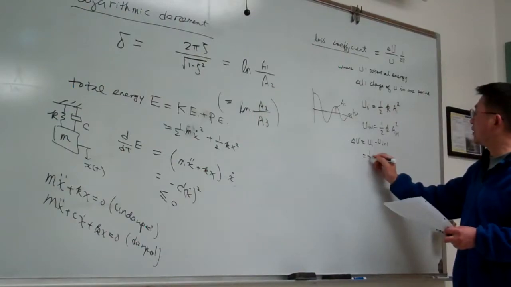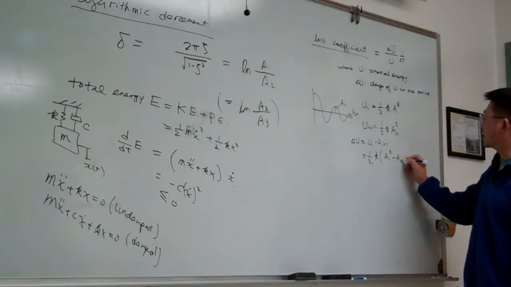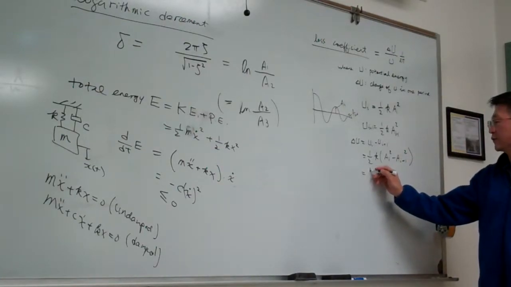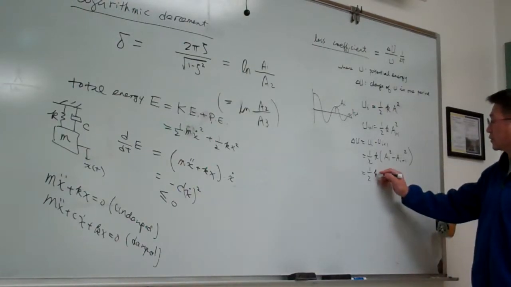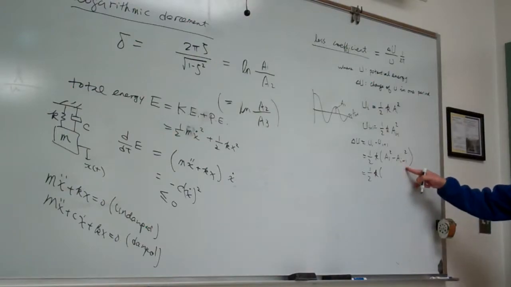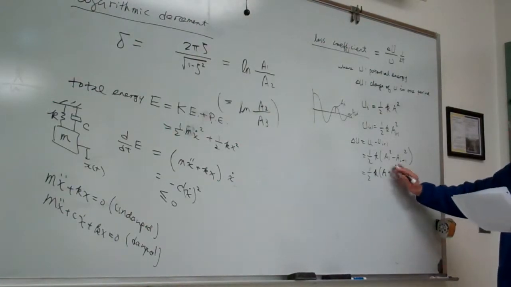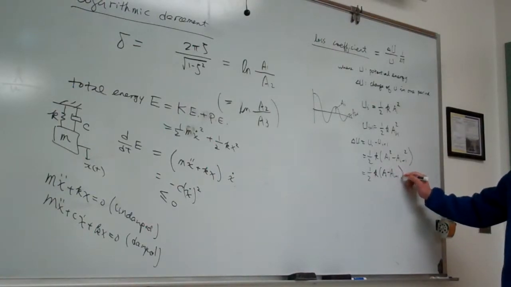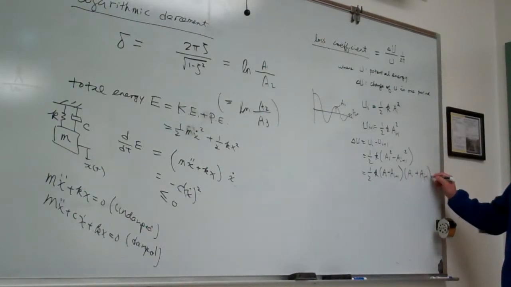So that one is 1/2 K times A_i squared minus A_{i+1} squared. And we can play around. Basically, this is equal to K over 2, and we factorize this term: A_i minus A_{i+1} times A_i plus A_{i+1}.